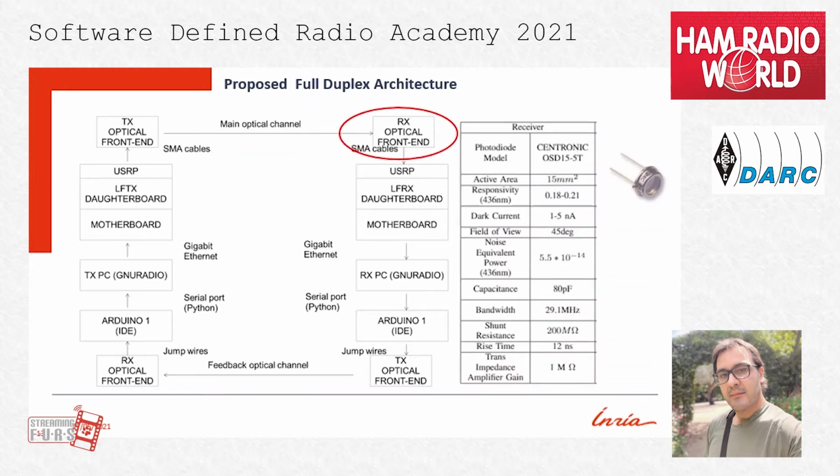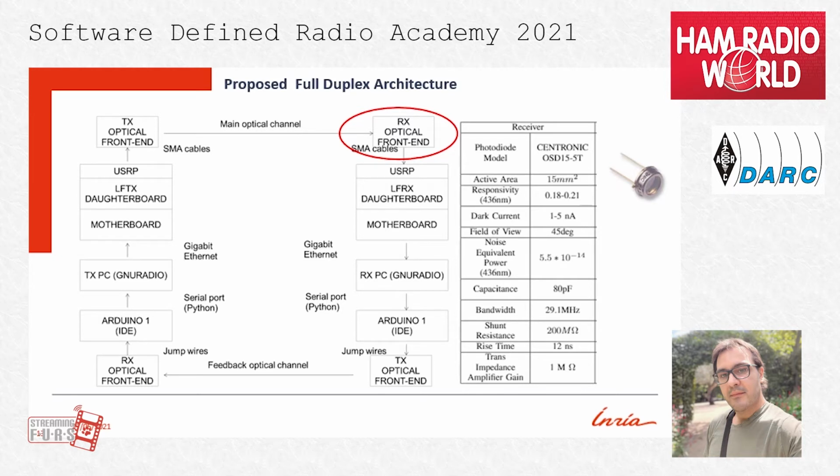Another important part in our circuit is the receiver optical front end, which in this case is composed of a Centronic photodiode, which is a commercial photodiode characterized by an active area of 15 square millimeter, and responsivity about 0.2, and with a bandwidth of about 30 megahertz, so it's enough for our operation.